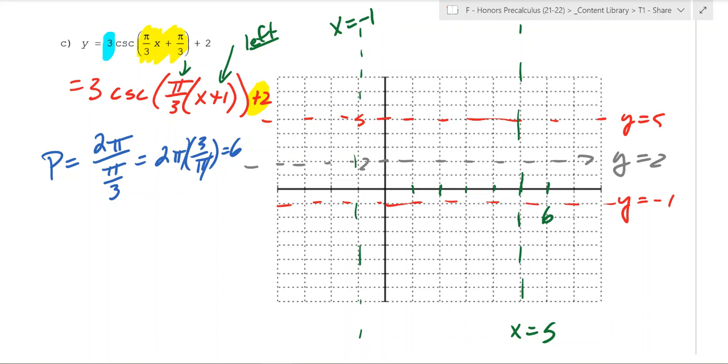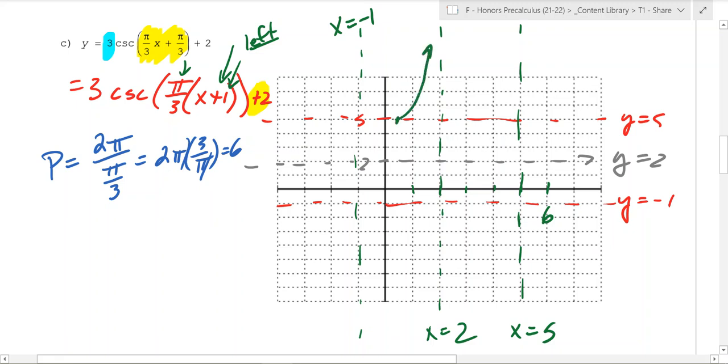But in this case, it's -1 to 5 because of this shift left 1. So what does this mean? Well, this means that you're going to have this U shape that repeats itself. There's also a vertical asymptote halfway between. So halfway between is x equals 2. So you're going to have these U shapes in between.